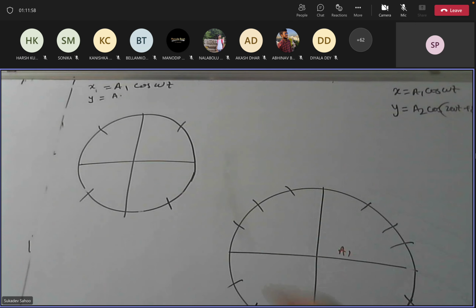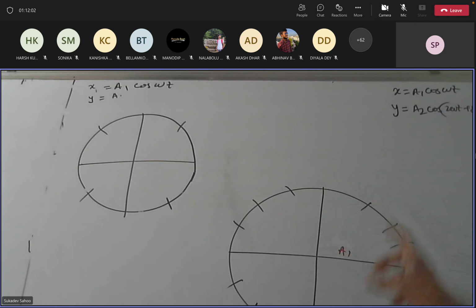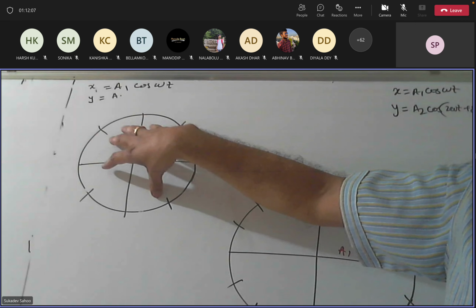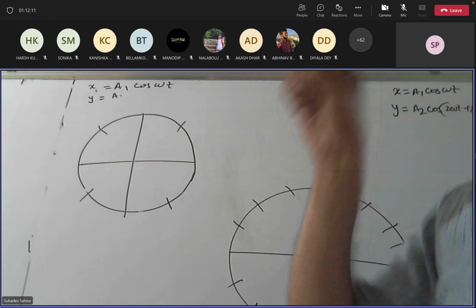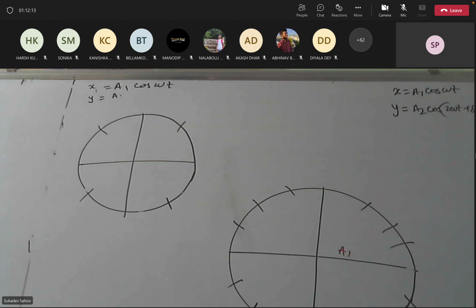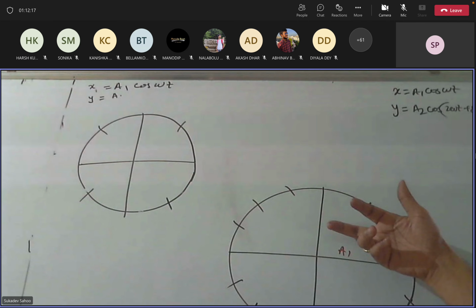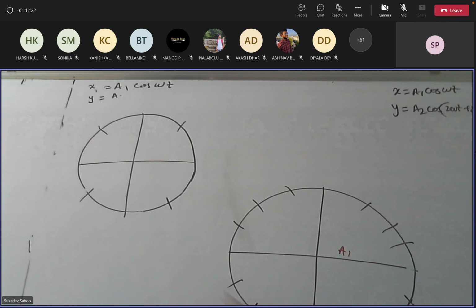The first one I have divided into 8 parts, so with one complete rotation it will cover 8 parts. In order to make the number of parts equal, I have divided into 8 parts and this into 16 parts, because when the first one completes one rotation, the second one will complete two rotations. Clear to this point?